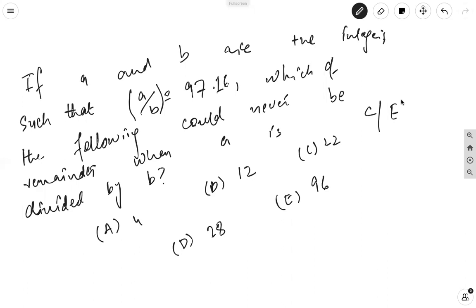Two answers. Okay, let me solve this now. The answer is C, 22.